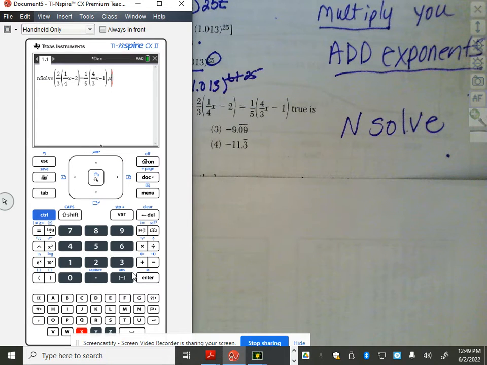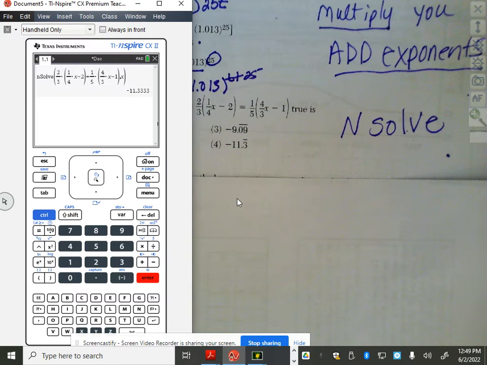So we just type it in just the way we see it. We hit enter, and we get, did I type something in wrong? 2/3 times 1/4 x minus 2 is equal to 1/5 times 4/3 x minus 1 in parentheses, comma x.